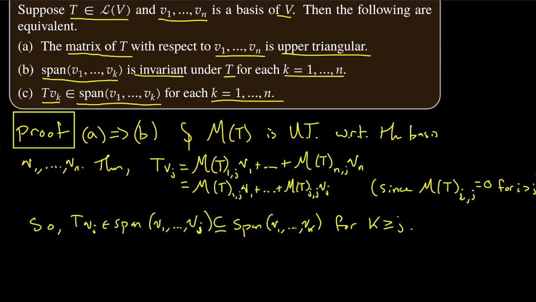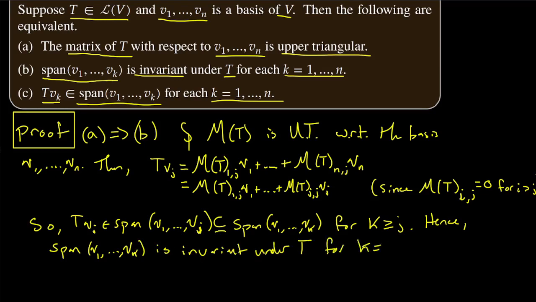That is, every one of these elements v1 through vk, that make up the basis for the span of v1 through vk, gets mapped to something that lives in the span of v1 through vk. Hence, the span of v1 through vk is invariant under T for k between 1 and n.